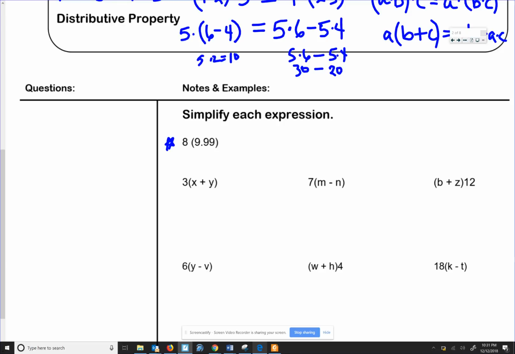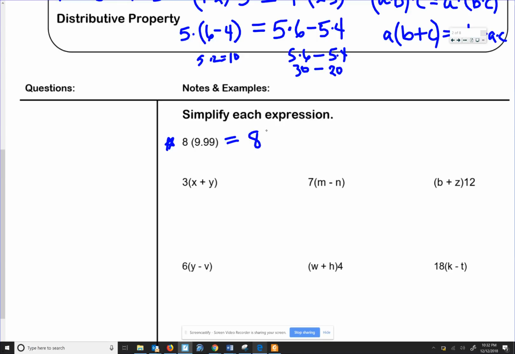Here's what's going on. Old people like me, we didn't have handheld calculators. We had to make a simpler problem. So if I had to take 8 times, let's say $9.99, there's no way I'm going to come off to the side and start doing 8 times 9 and 72s and carry the 7. Yuck. Here's what I'm going to think about. I'm going to say, you know what?